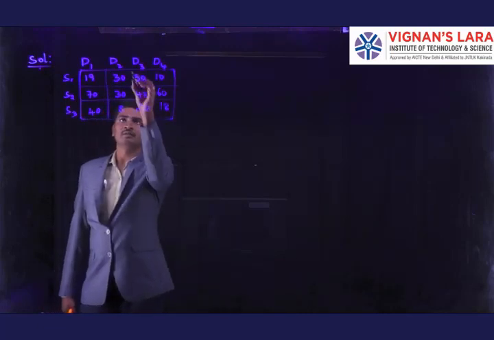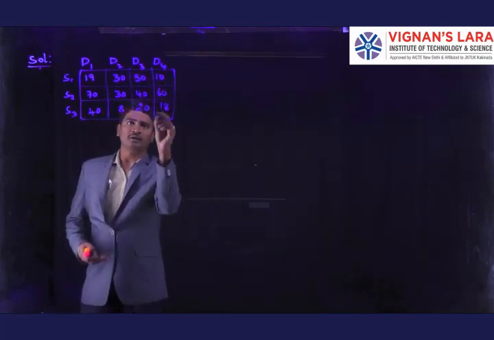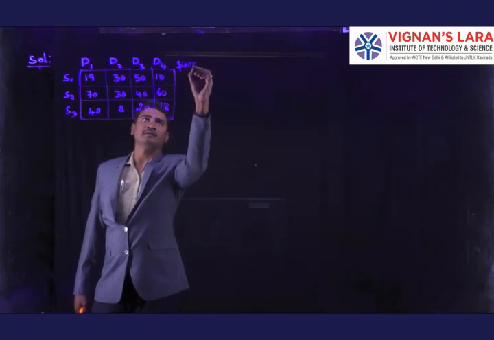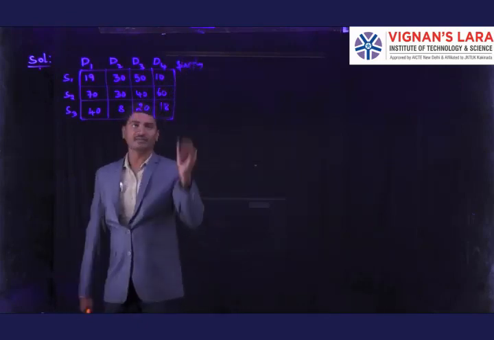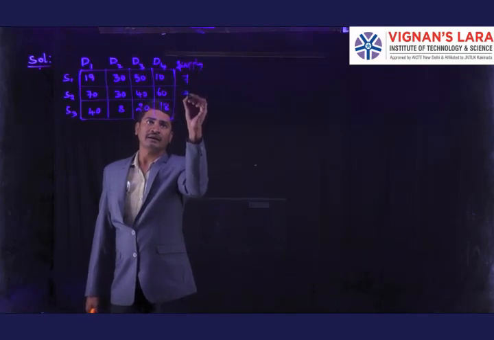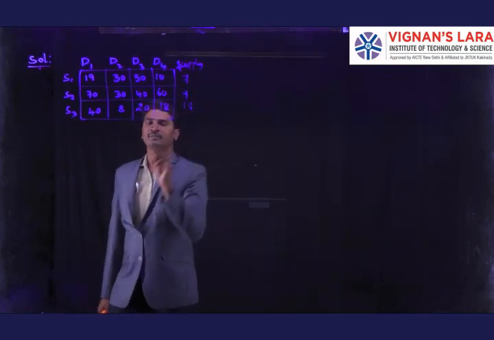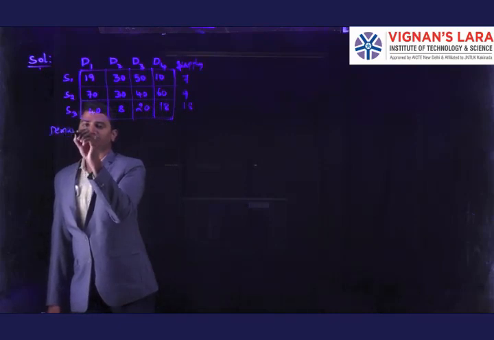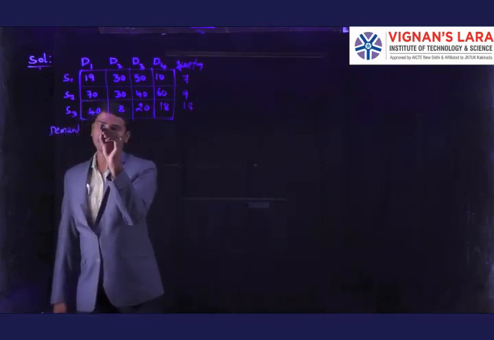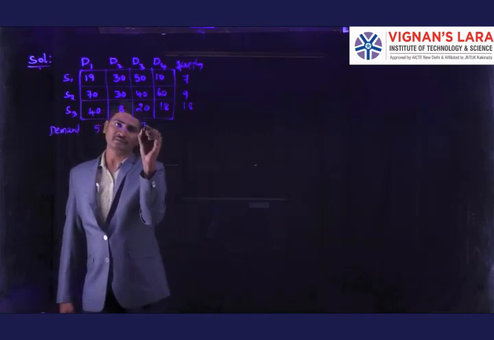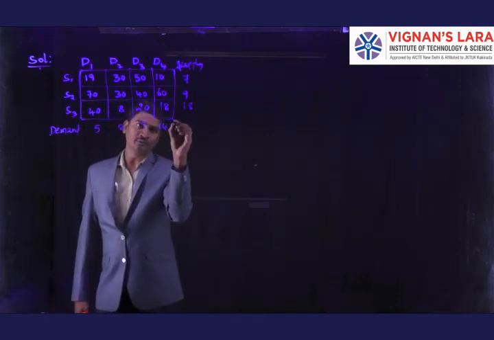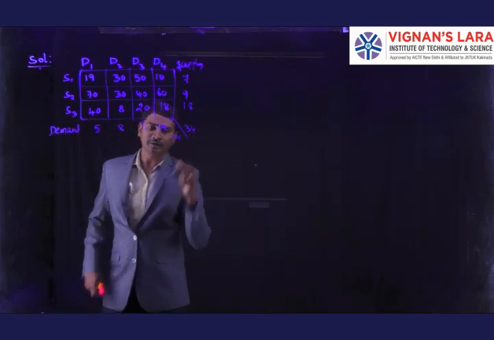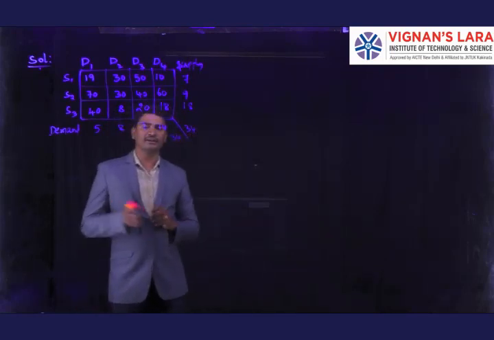Coming to the supply, for each row they are given the values 7, 9, 18. Next, coming to the demand: 5, 8, 7, 14. The total is 34 units. This is our given data.